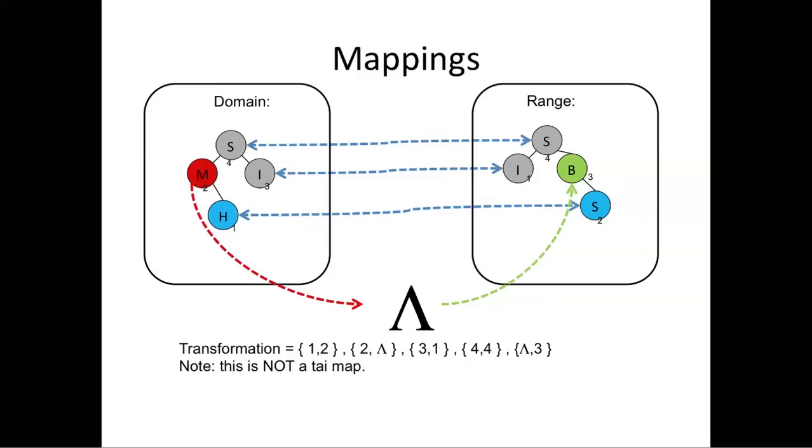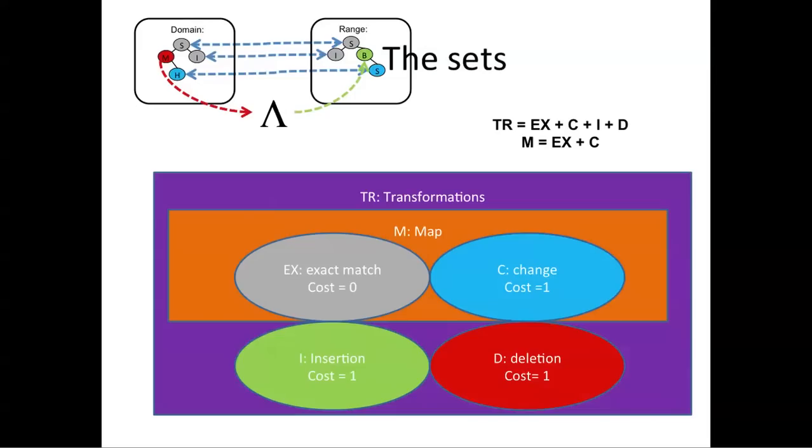It is just an illustration of a mapping and what the transformation will be. So with this definition, we have 4 sets: the deleted, the inserted, and the nodes that are swapped, which could be perfectly swapped or swapped with a change.